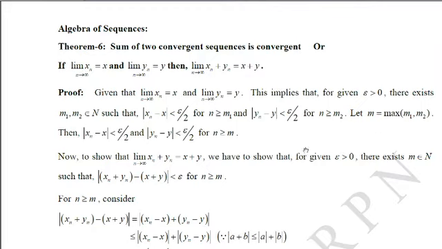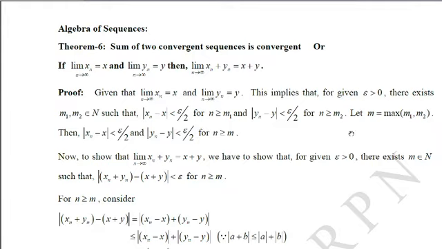From m1, the distance between all the terms of the sequence and x is less than epsilon by 2, and from m2 the distance between all the terms of the sequence and y is less than epsilon by 2. But I want a common region.